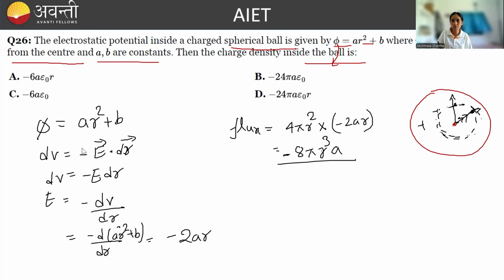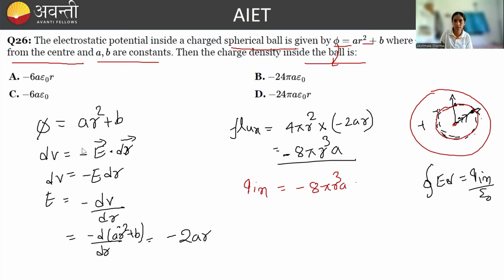Now according to Gauss's law, flux, that is E dot dS, is equal to q enclosed by epsilon naught. Can't we do the same thing here? So the charge inside will be q enclosed equal to minus 8 pi r cube A epsilon naught. This is the charge. What will be the charge density?